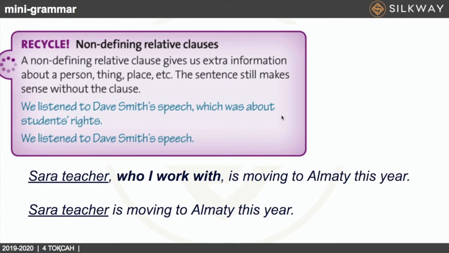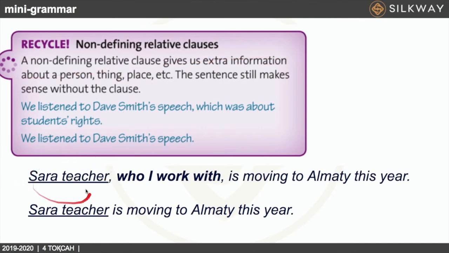Okay. So the last one, guys, is a mini grammar. Non-defining relative clauses. A non-defining relative clause is a clause which is used as extra information about a person, thing, or place.